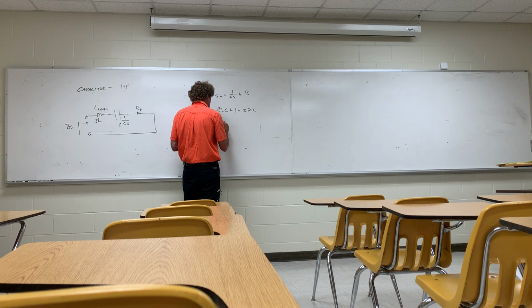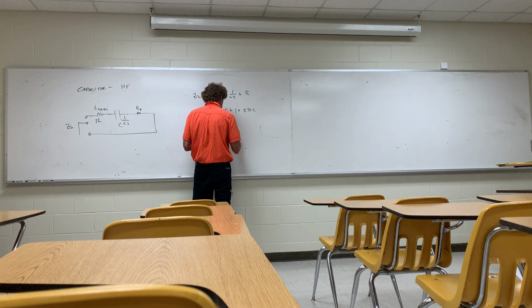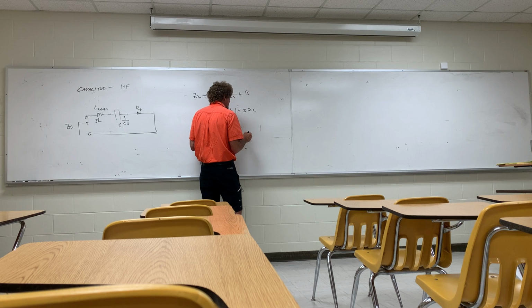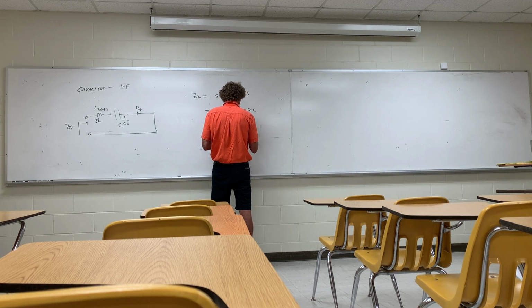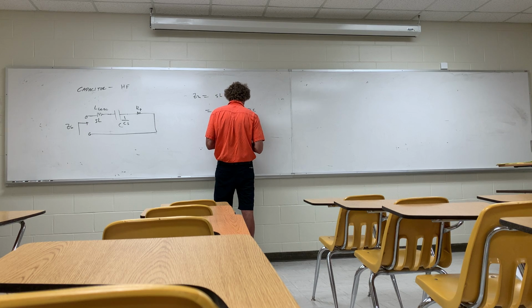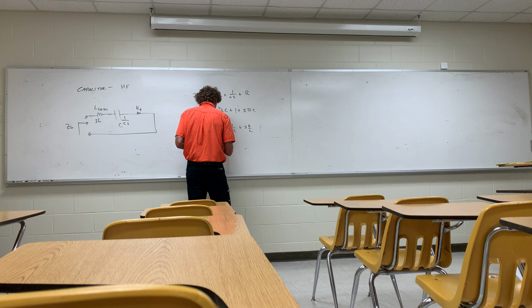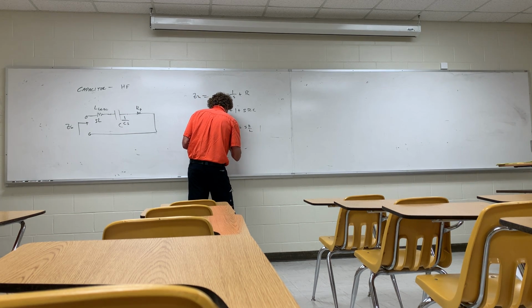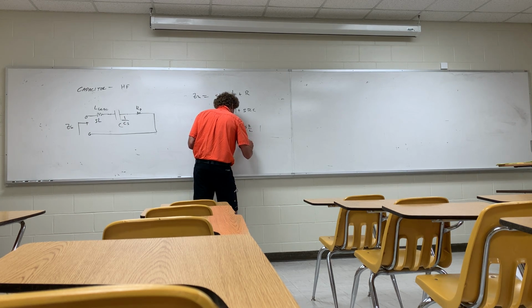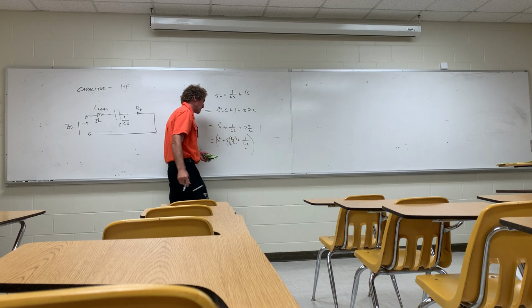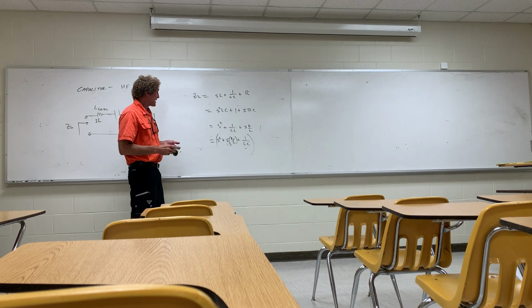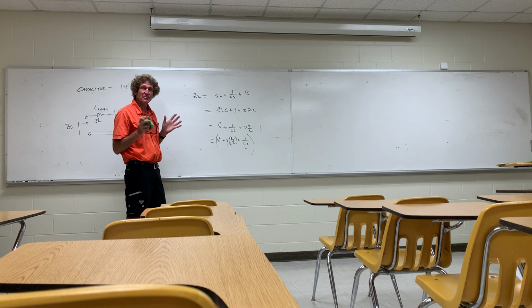So I have S squared plus 1 over LC plus S times R over L. Typically it's rearranged like this: S squared plus S times R over L plus 1 over LC. And that's the impedance.